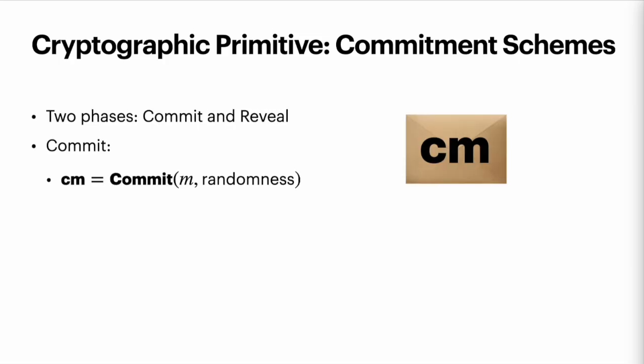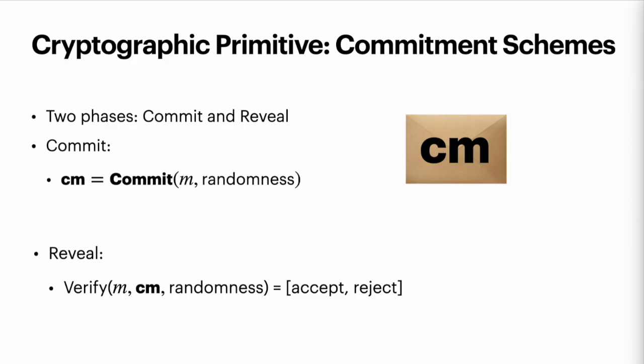The basic algorithms of a commitment scheme are commit and reveal. To calculate the commitment, we use the commit algorithm that takes a value m and some randomness. The randomness is another secret value, but one that's picked randomly, hence the name. And then the result, cm, is what we'll send or broadcast. So cm is the sealed envelope.